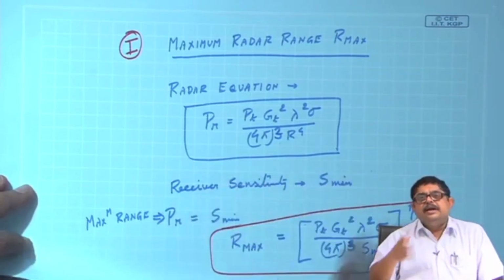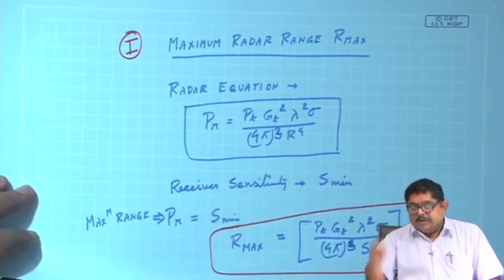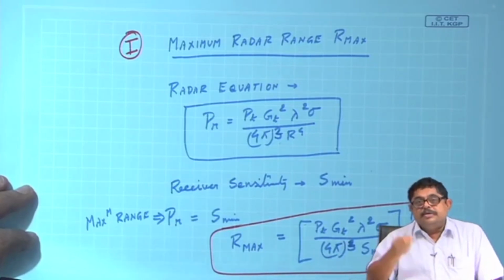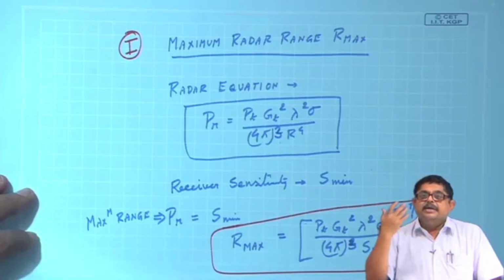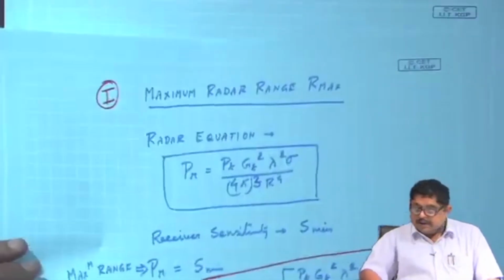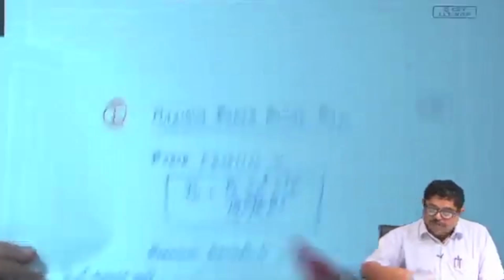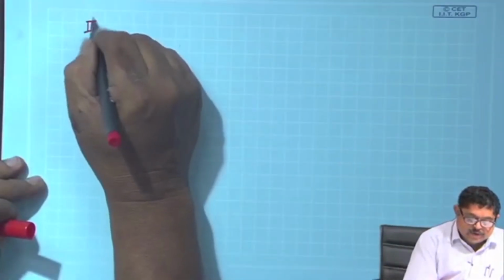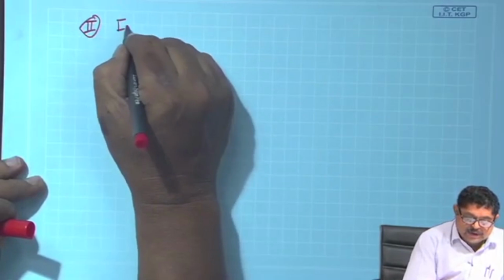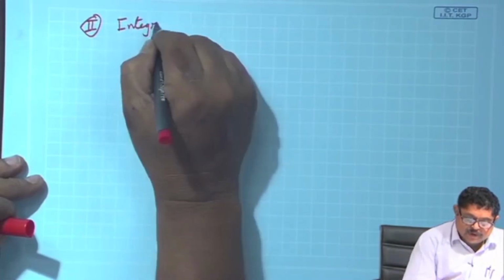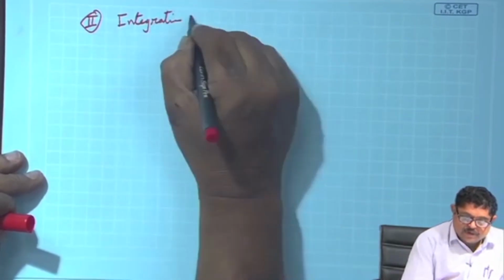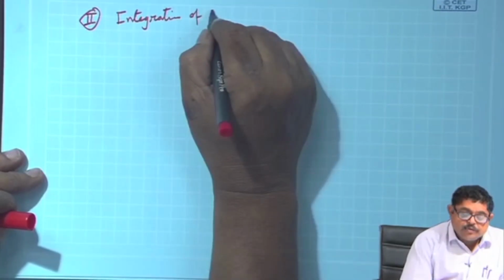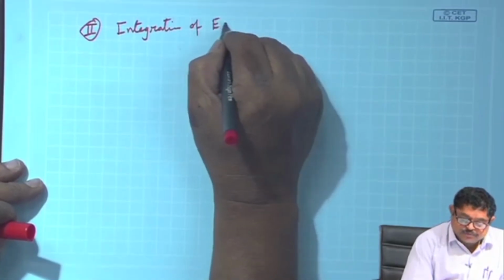So generally no pulse radar detects a target by just getting one return from the target; it requires several returns. That is our second parameter, integration of pulses. Radar people call it integration of echoes.